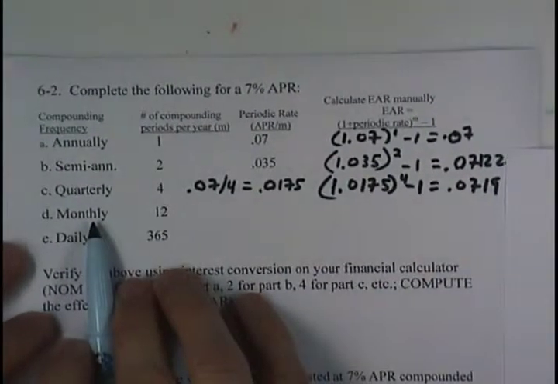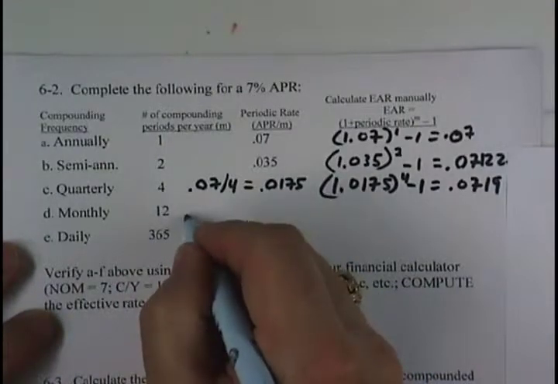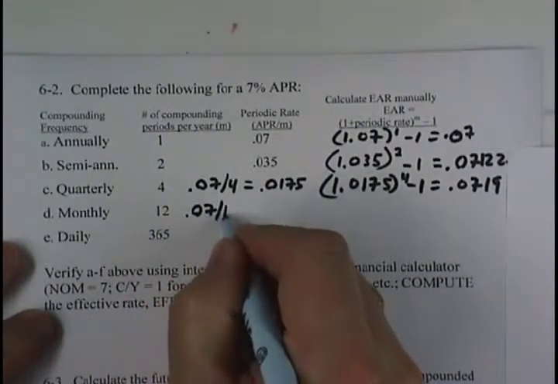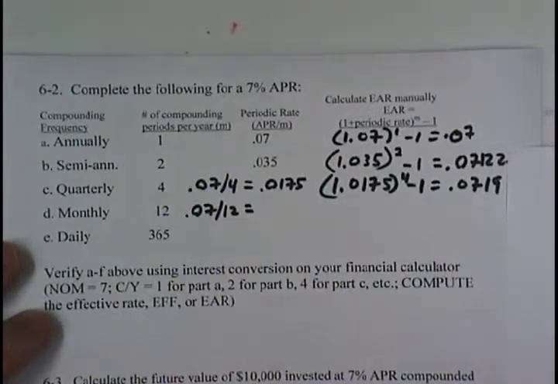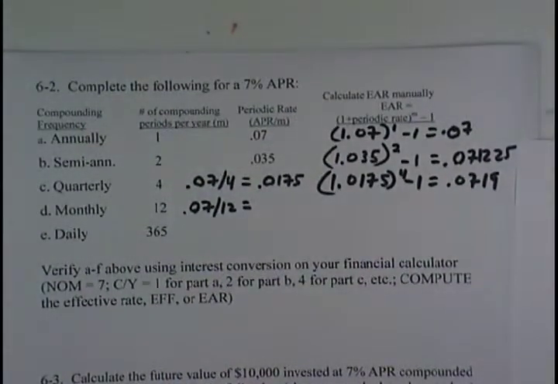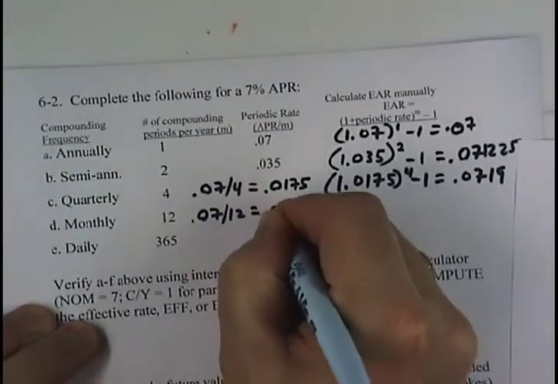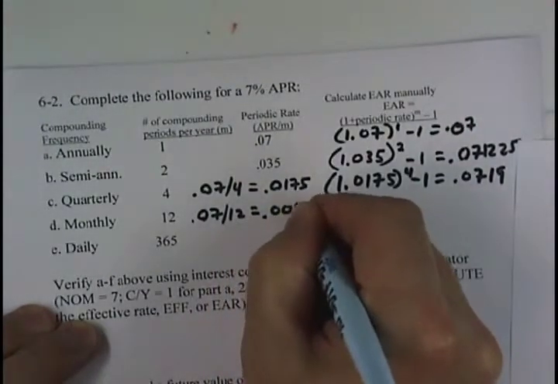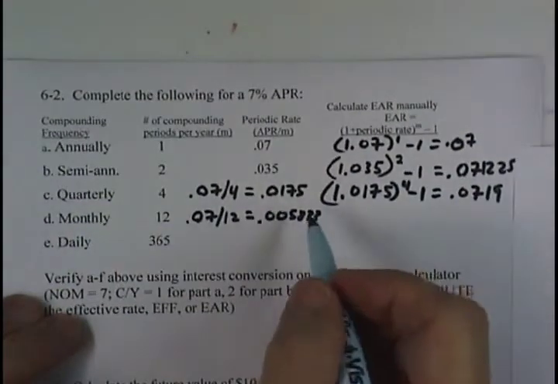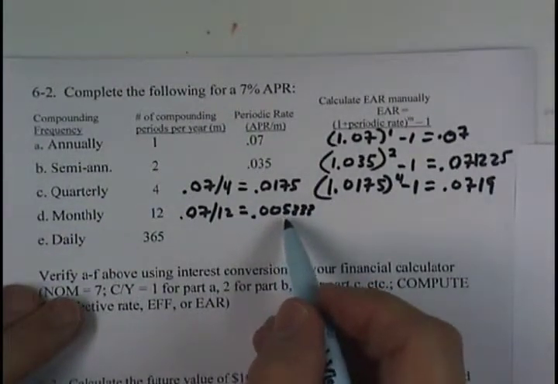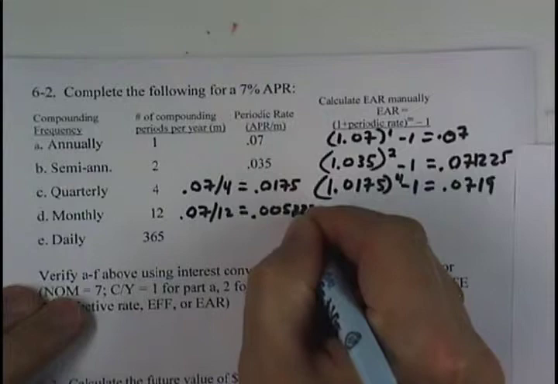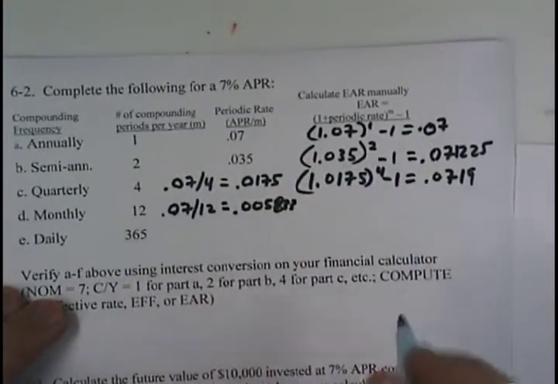For my monthly rate, I'll take my 7% APR and divide by 12 because there are 12 months in a year. So when I take the 0.07 and divide by 12, I get a monthly rate as a decimal of 0.00583 repeating, which is almost 0.6% per month.